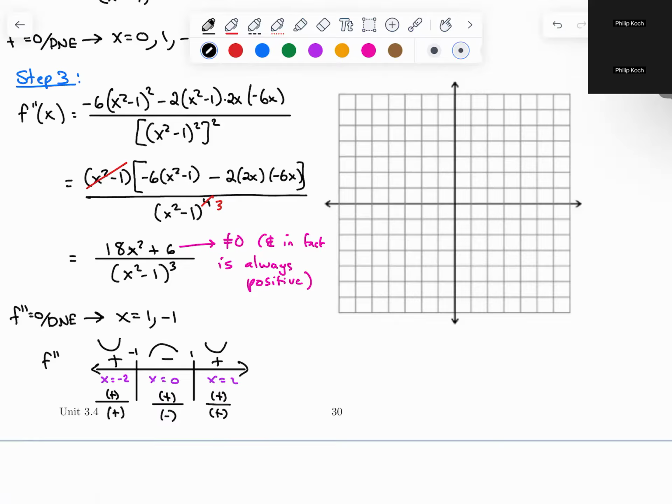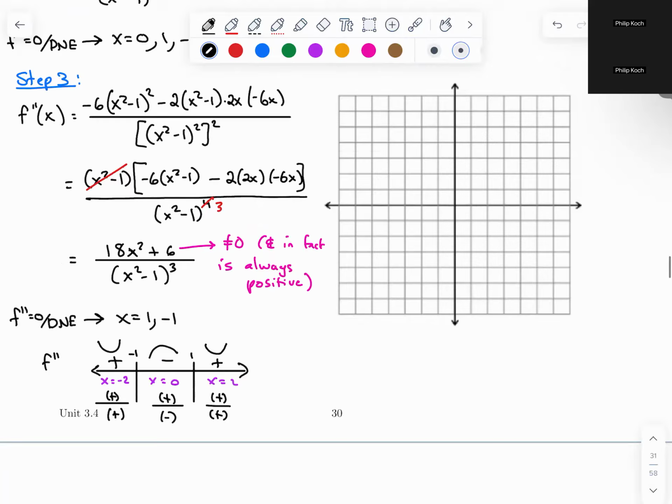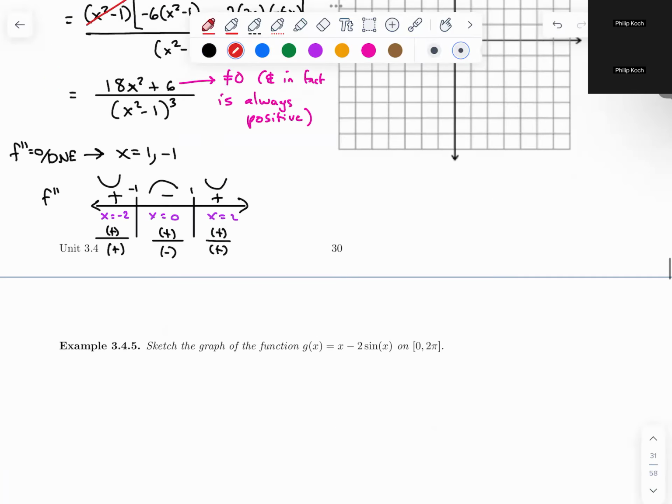You need to be defined at -1 and 1 in order for it to be an inflection point. So we can even add that down below if you have enough space. x equals 1 and -1 aren't inflection points because f of plus or minus 1 does not exist.